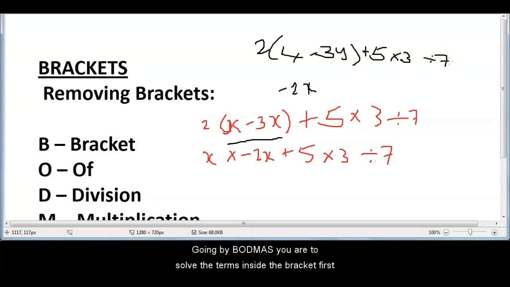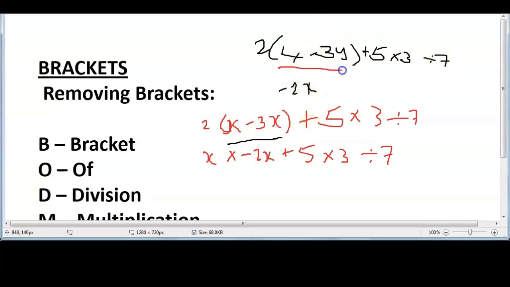Going by BODMAS, you are to solve the terms inside the bracket first. But the terms inside the bracket are unlike terms. 4 and minus 3y are not like terms, so they are not solvable. What do we do? This is where you bring in the concept of removing brackets.